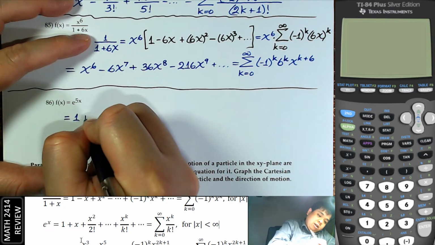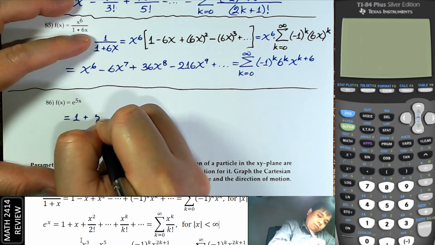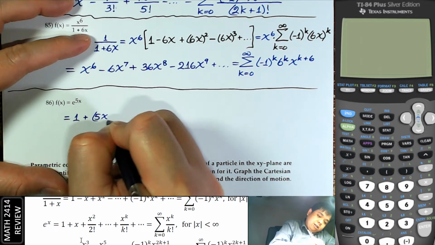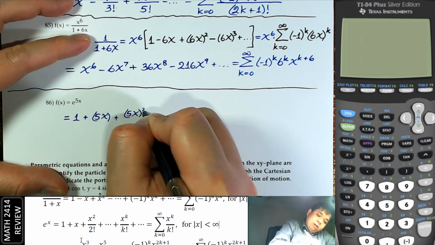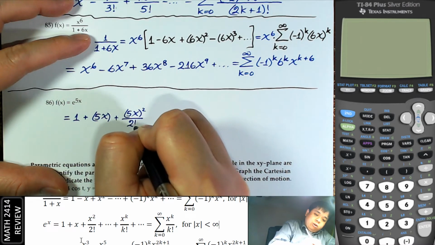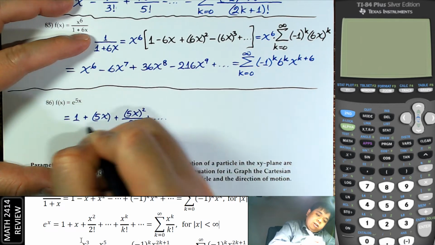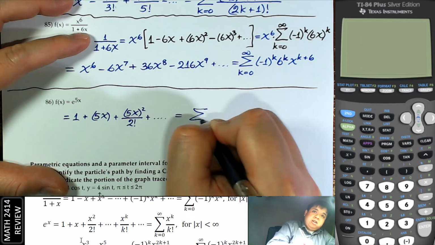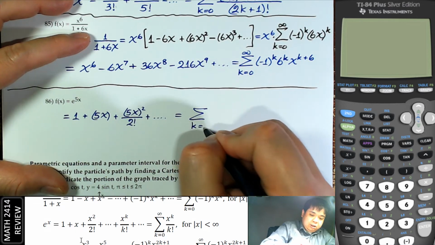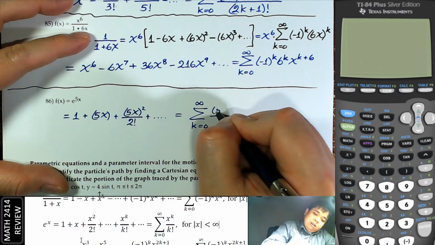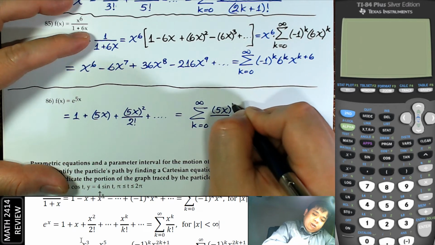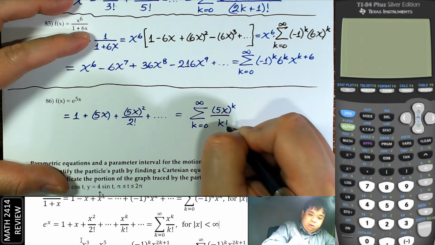So 1 plus 5x plus 5x squared over 2 factorial plus, in the summation form, 5x to the k over k factorial.